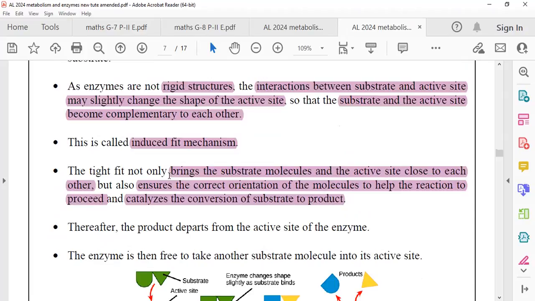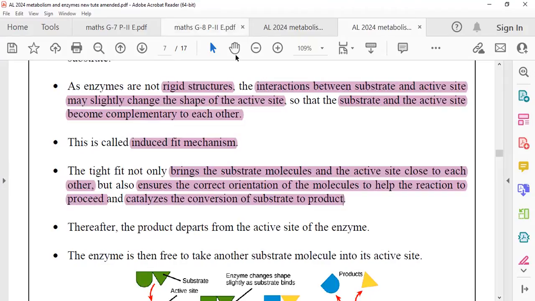The tight fit between the substrate and the enzyme brings the substrate and active site close to each other. Do you agree with it? Yes, sir.